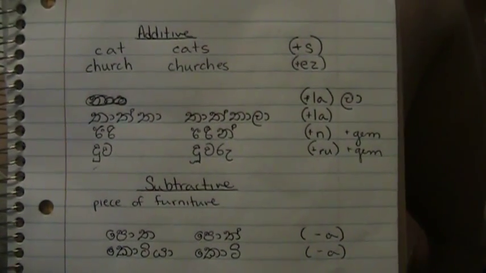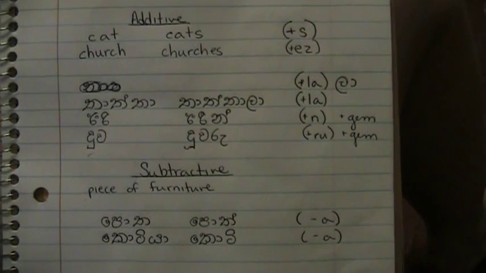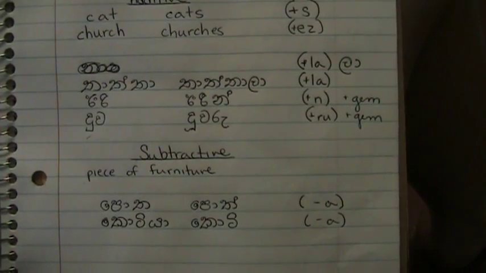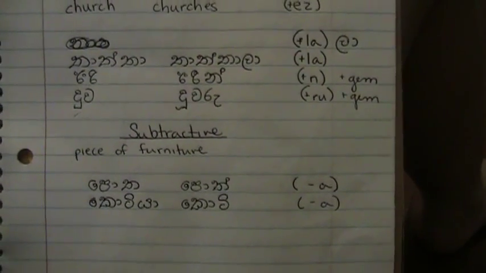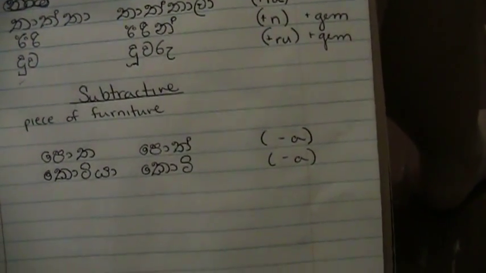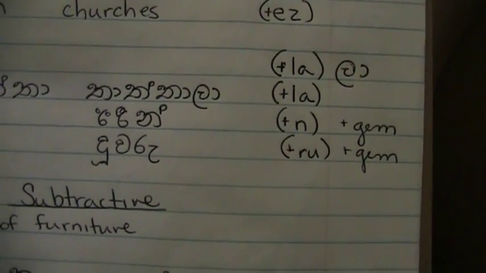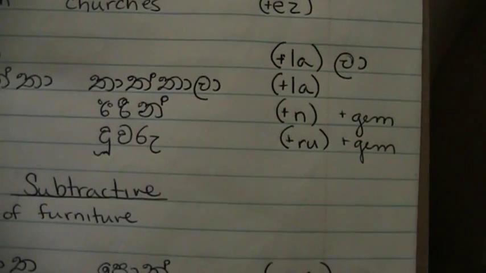In my next video, I will show you how the replacive patterns work, but these are all the patterns for additive and subtractive. So you have three additive, they're all animate nouns. The first rule says that you add la to the end of the word.